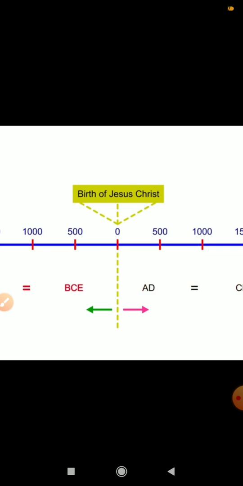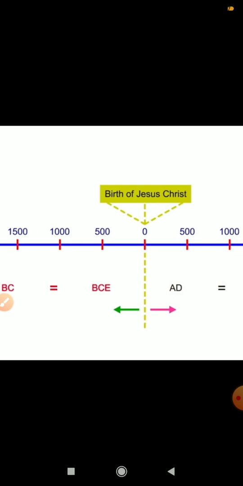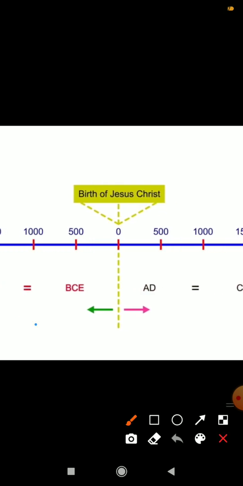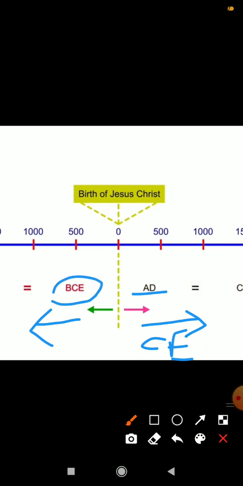As you can see in this one, the events in this line are before the birth of Jesus Christ, and these ones are after the birth of Jesus Christ, which will be written in CE or AD. And the events before Jesus Christ was born will be written in BCE or BC.